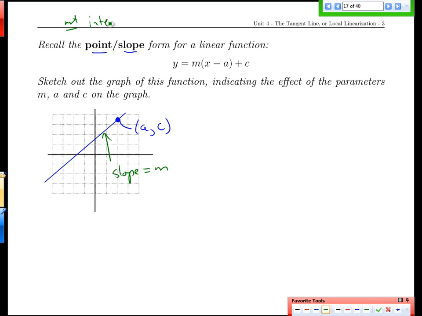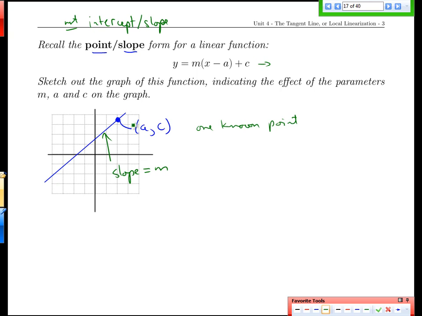We can convert between this and the slope-intercept form fairly easily, but when you're talking about having one known point on a linear function that doesn't happen to be at x equals 0, this is a shortcut to get you a function y equal to something linear that will guarantee that you go through that point.